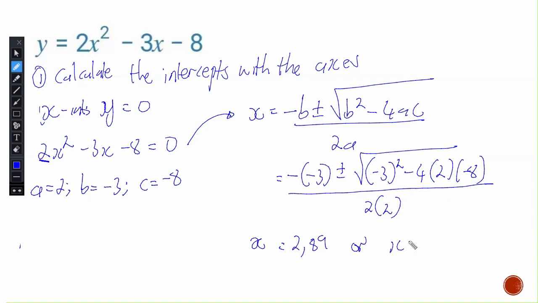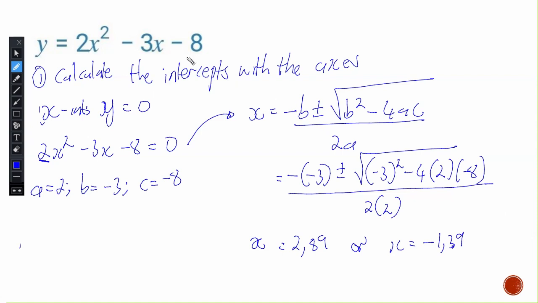It is normal to get your answers in 2 decimal places here, or an irrational value, because as we can see, it's not possible to factorize that. And the other value is x is equal to negative 1.39. I'm simply rounding these values to 2 decimal places, right? Okay, so these are your x-intercepts.